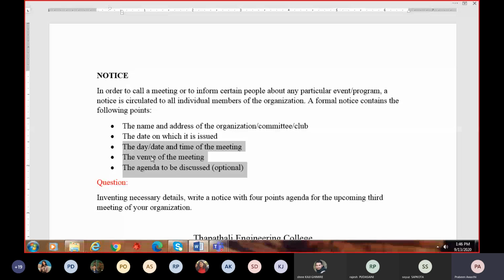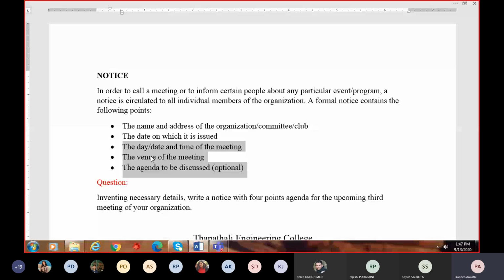One thing that you should know is that notice is written before the meeting. Minutes is written after the meeting. Notice is written before the meeting, to call for the meeting. I already told you that I will be basing my presentation on the meeting all the time, though notices are not written just to call for the meeting, right?